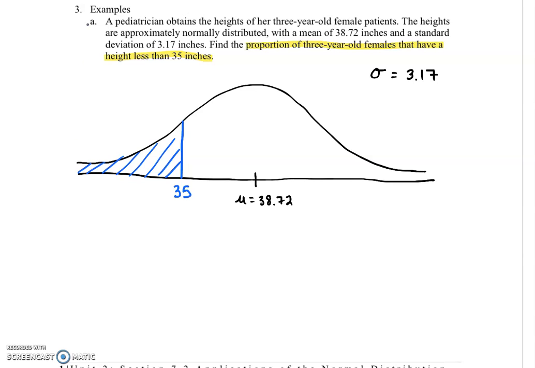Now, this keeps going forever and ever and ever, both to the left and to the right. In other words, it goes to negative infinity on the left and positive infinity on the right. But the calculator can't deal with infinity. So what we do is we pick a suitably small or large number to substitute for infinity.